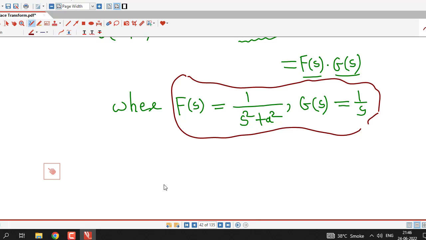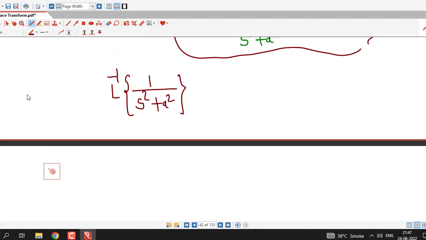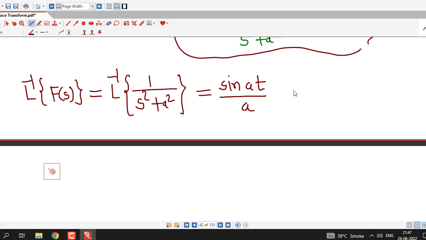F of s is 1 divided by s square plus a square, and we have a ready-made formula for this: L inverse of 1 by s square plus a square, which is the inverse Laplace transform of capital F of s, is equal to sin at divided by a, and this we denote by small f of t.